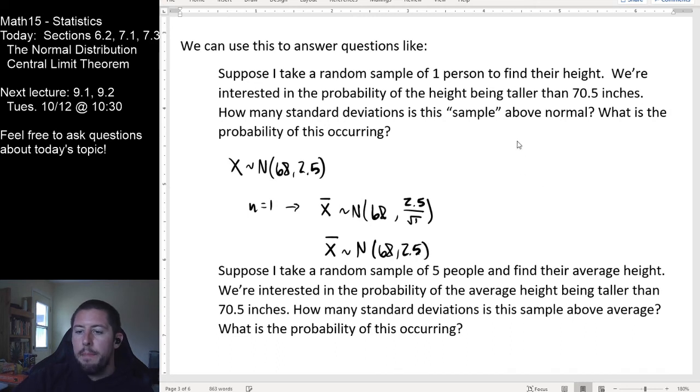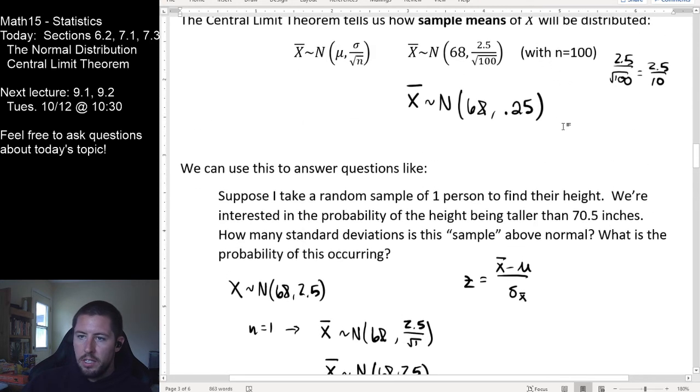So now I can do my z calculation. How many standard deviations is this above average? Z should be x minus mu over sigma. But in this case, our sigma is going to be associated with our collective average, so I'm going to give that an x bar, and call that sigma sub x bar to make sure we're not confused about what this is.